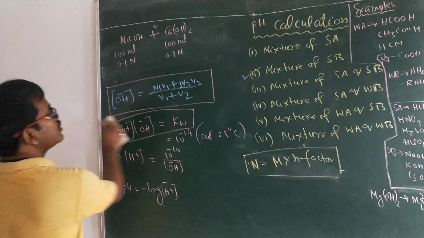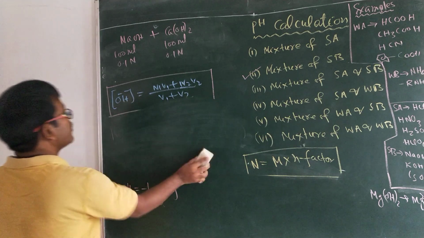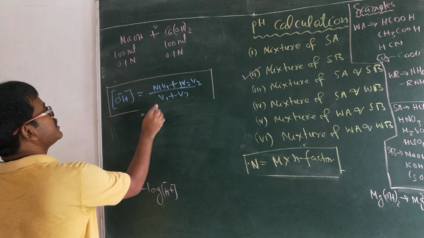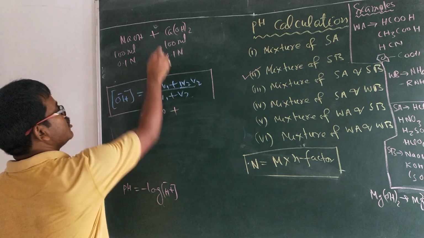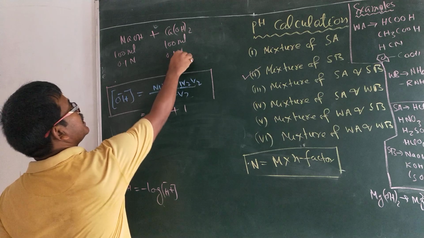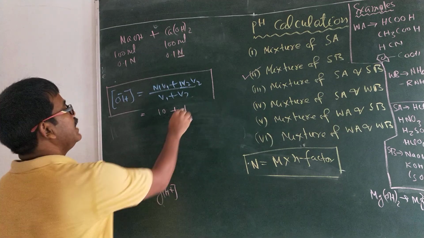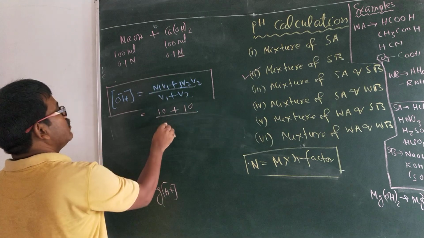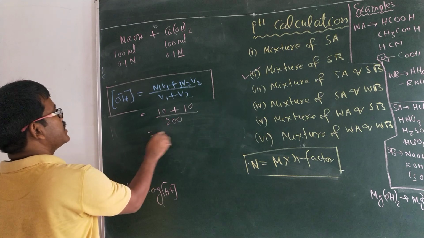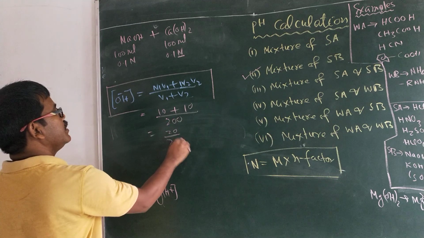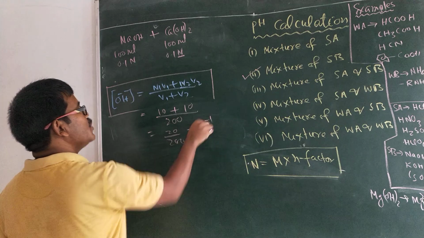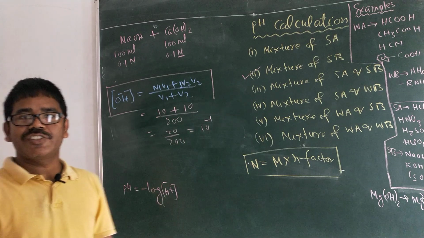What will we get? In the first case, N1V1 is 10. The second case is also 10, because it is already given in normality, so no need to do anything. 10 plus 10 divided by the total volume, that is 200. Therefore, it becomes 20 by 200, which is nothing but 10 to the power minus 1. That is the OH minus concentration.